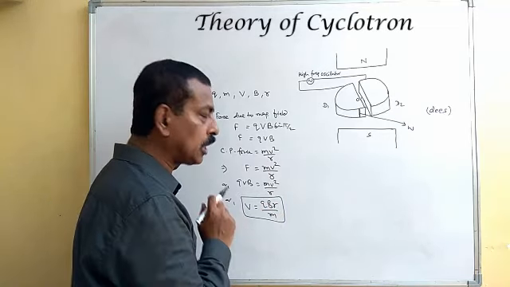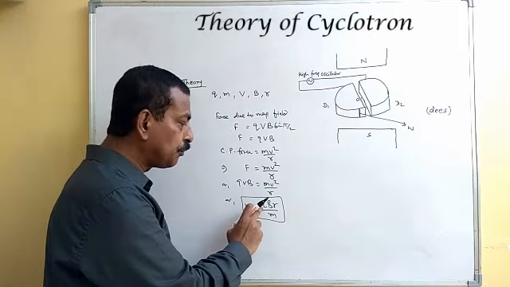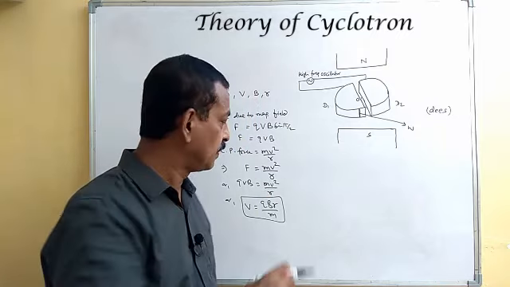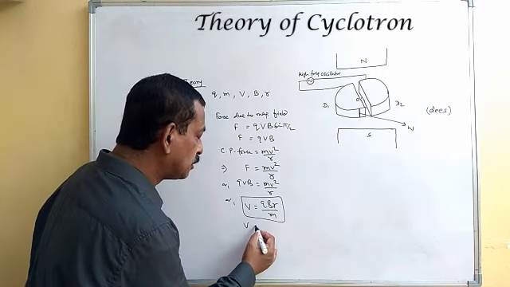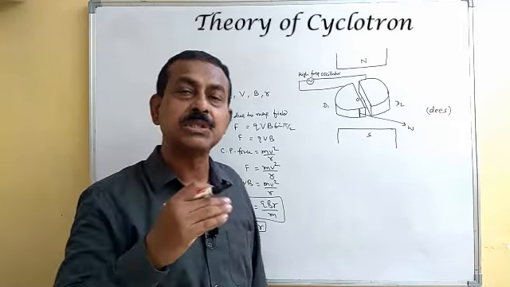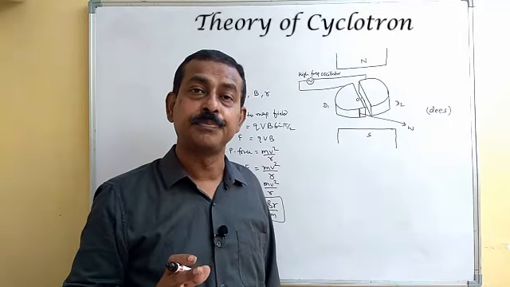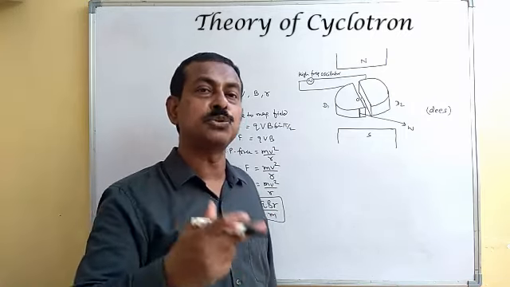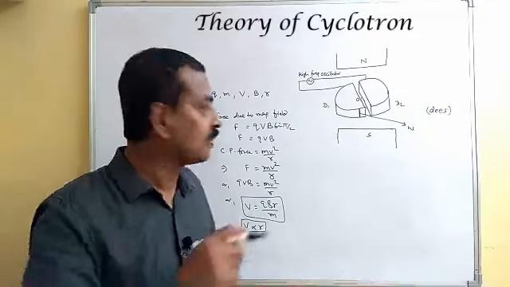So this indicates that the velocity will be QBr by m. Now for a given charge in a region of particular magnetic field, its mass is fixed. So you will find that v is directly proportional to r. That means if the velocity is more, the radius of the path will be more. That is why we have seen, if the velocity is changing from v1 to v2, the radius of the circular path is also changing there.